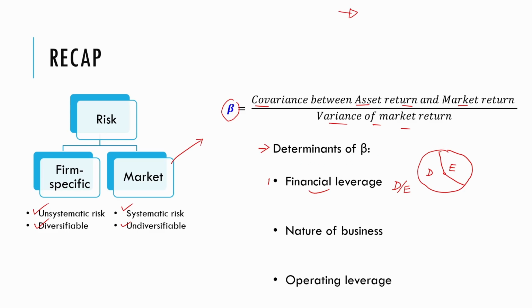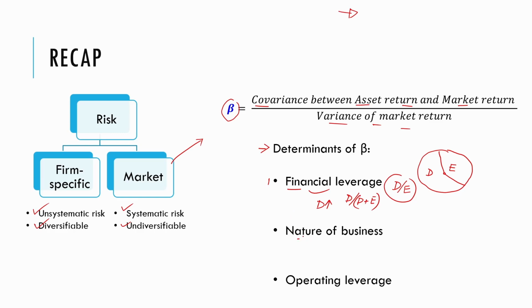These are the two sources of capital, and the ratio of debt to equity is known as the financial leverage. Sometimes it is written as D by D plus E also, so it depends on the convention. But anyhow, this is the ratio of debt and equity, and the more the debt, the higher the leverage. So this is one source of risk.